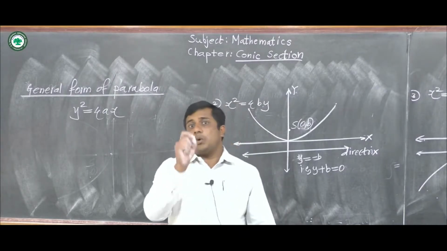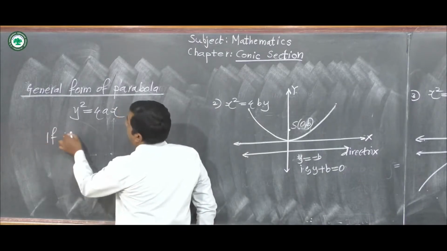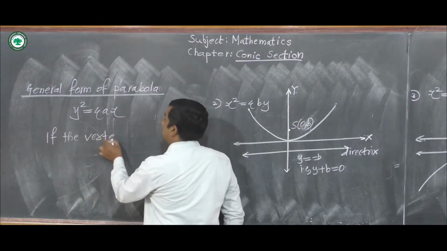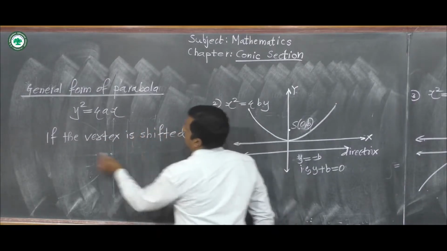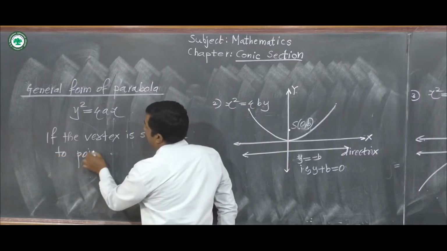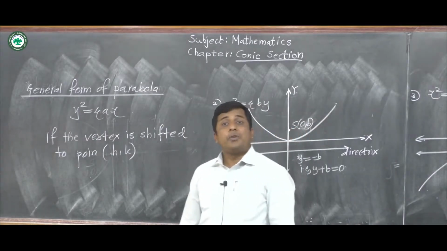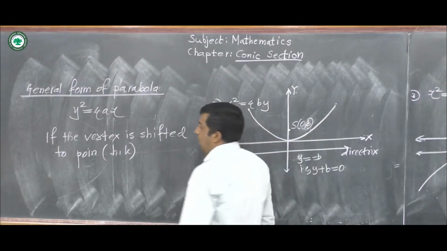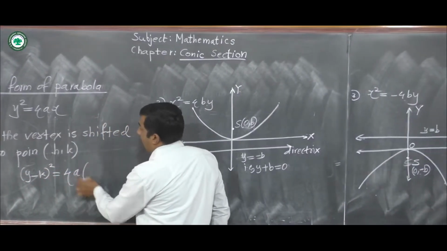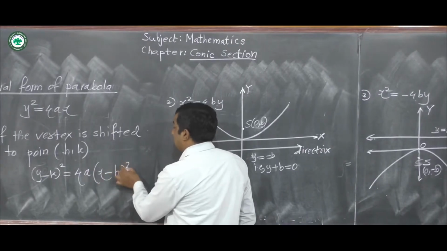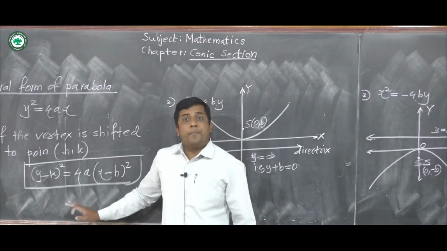If we shift this origin, that is, if the vertex is shifted to the point (h, k), then we get the general form of the parabola, and the equation of the general form is (y minus k) whole square is equal to 4a into (x minus h). So this is the general form of the parabola.